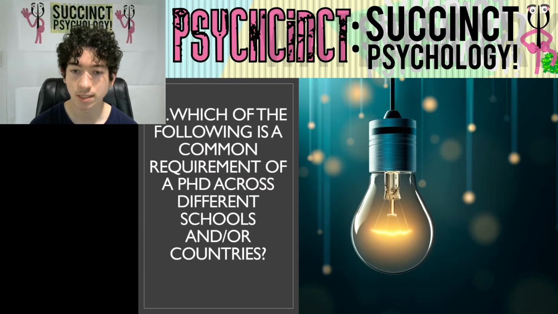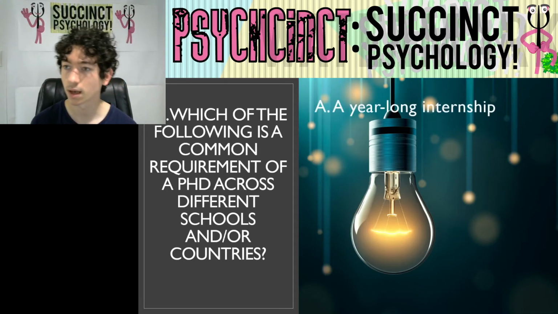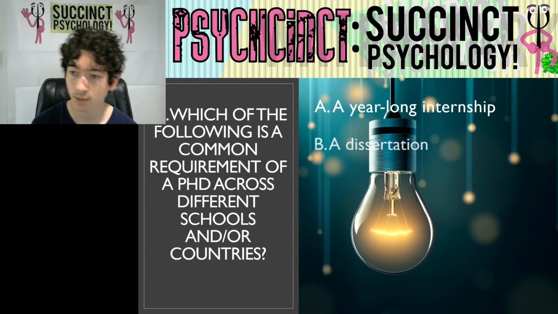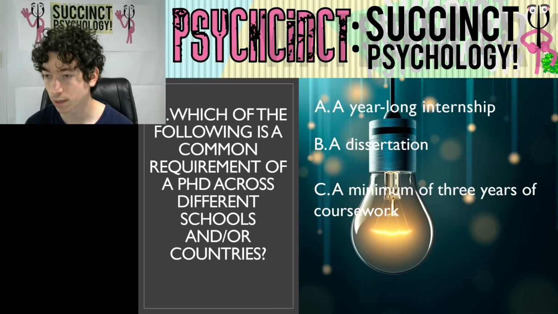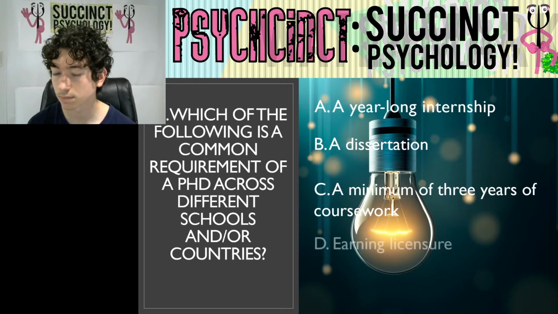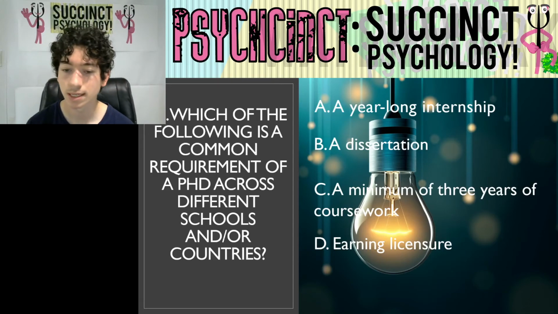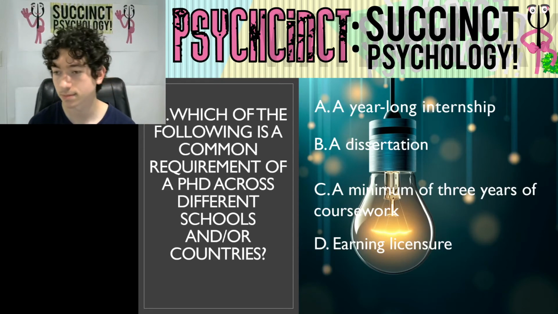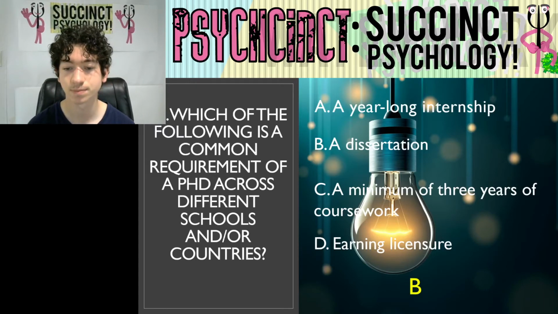Which of the following is a common requirement of a PhD across different schools and/or countries? A year-long internship, a dissertation, a minimum of 3 years of coursework, or earning licensure. This is toward the end of your textbook. So if you studied that, you would know that this is, in fact, B, a dissertation.